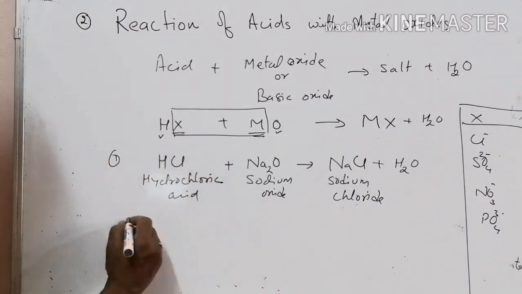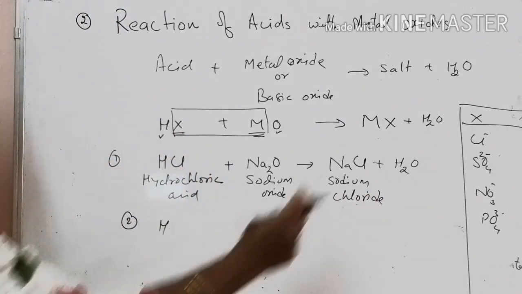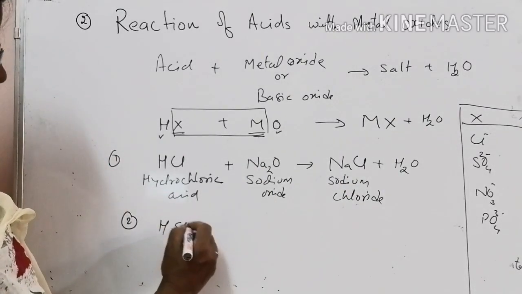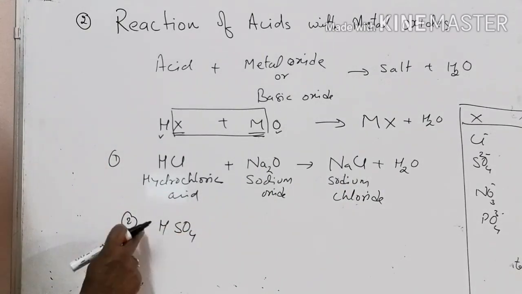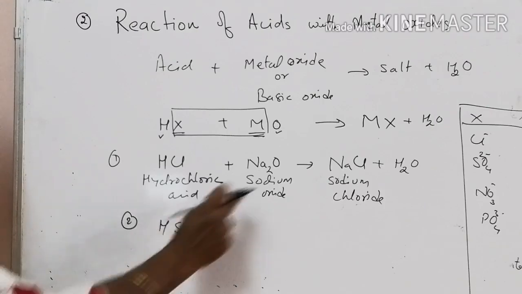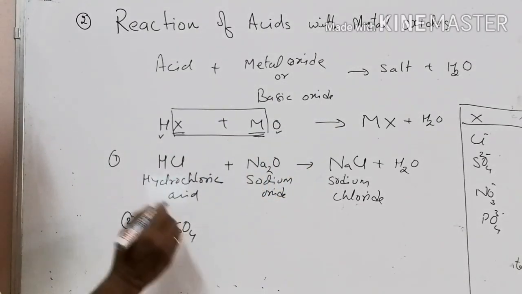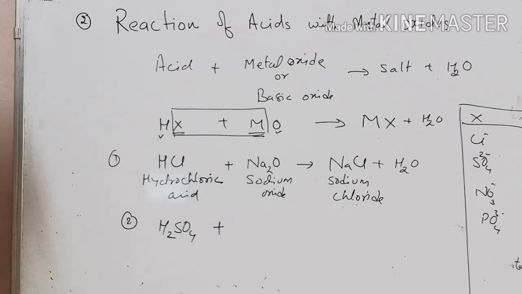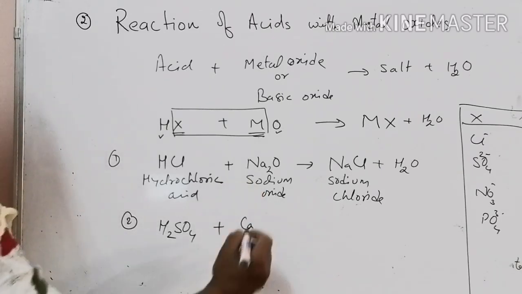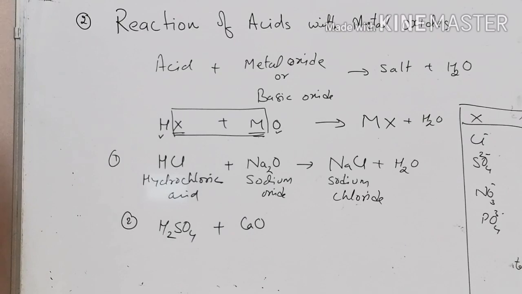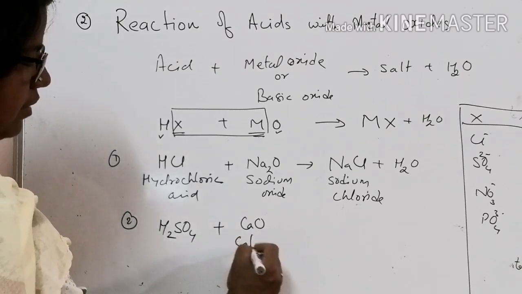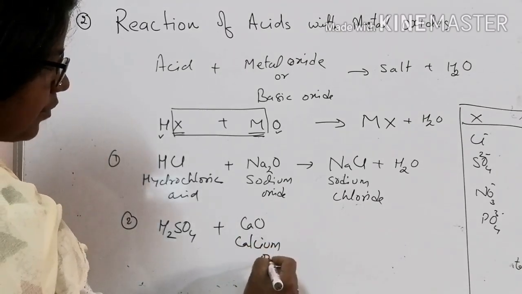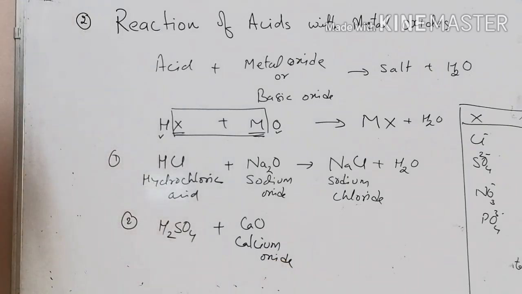Likewise, if you take a second example, hydrogen with sulfate radical, the formula will be H valency 1, sulfate valency 2, so H2SO4. You can take any other metal like calcium. With oxygen, the formula will be calcium oxide, like sodium oxide, that is basic in nature.